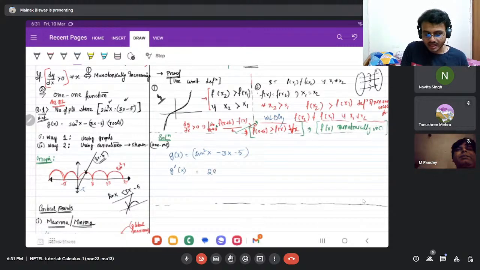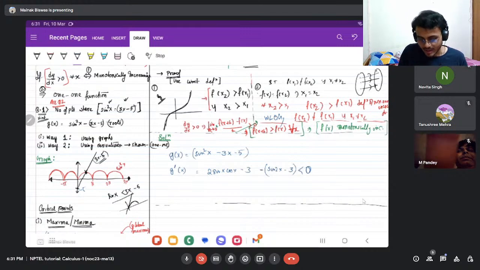So the derivative is 2 sine x cos x minus 3, right? That is sine 2x minus 3. This is always less than 0, right? The maximum value sine 2x can take is 1.